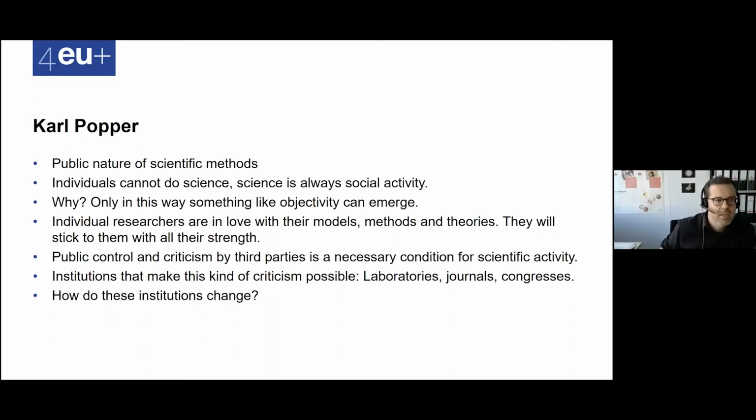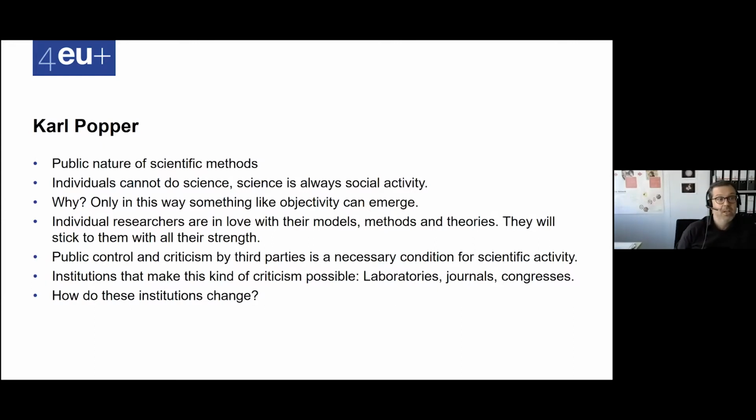According to Popper, only if science is carried out as a social enterprise can something like scientific objectivity emerge, whatever objectivity might mean. That is the case because individual researchers, the way Popper puts it, are in love with their particular models, with their methods, with their theories, and they will stick to them with all of their strength.